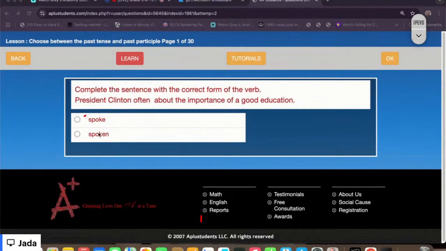So, President Clinton often spoke about the importance of good education.